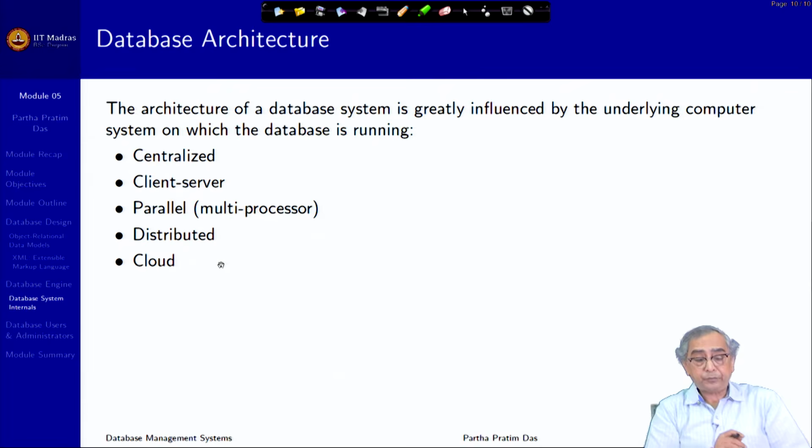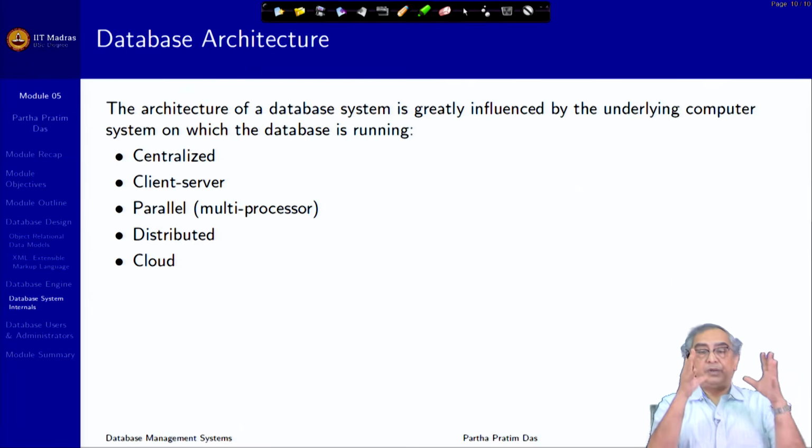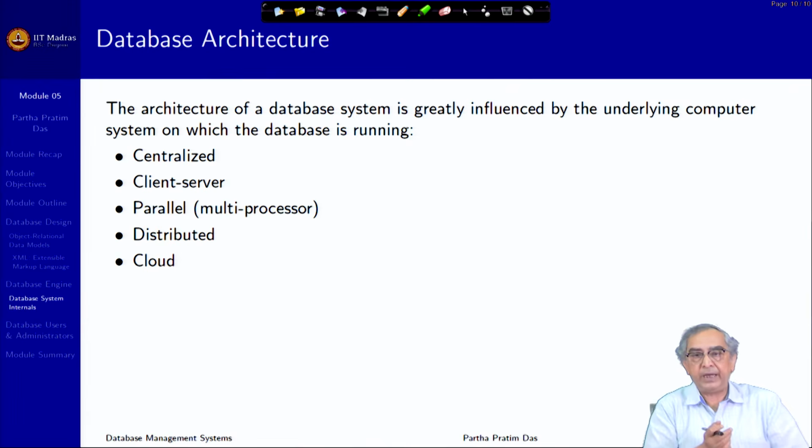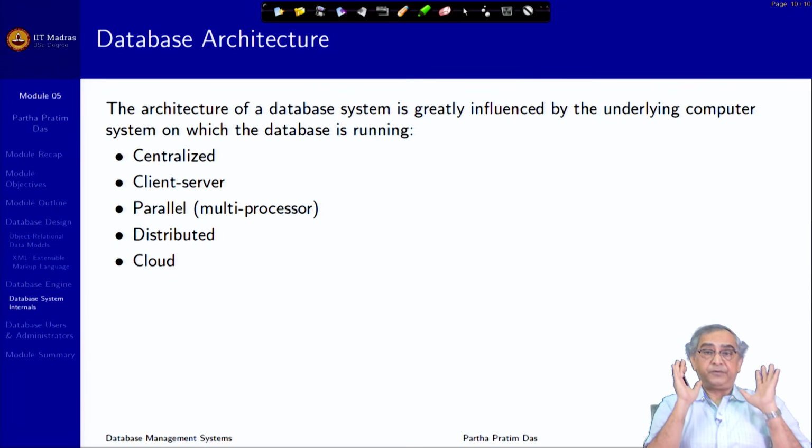So, overall this system has been designed in multiple different architectures. Initially, naturally, when it started, it was centralized. There was one store. The store was necessarily, as I said, using some magnetic tape or something. The language was COBOL, more a file based system. Then you had relational systems, which are centralized, as one place everything was happening. Then came the concept of client server.